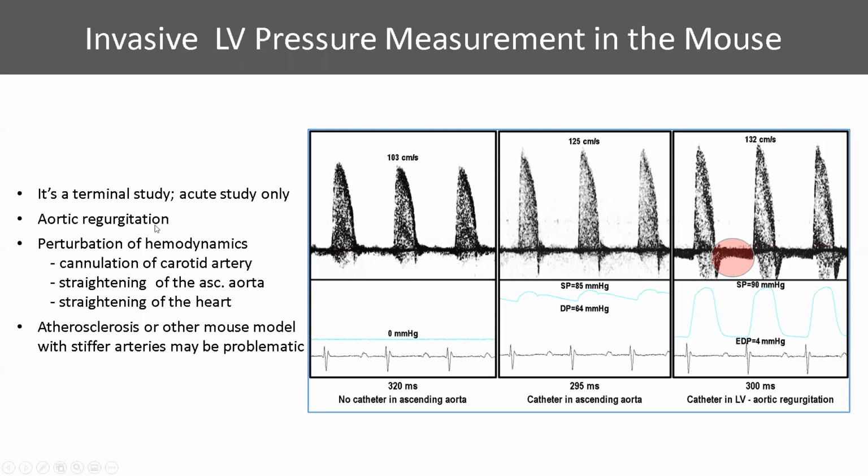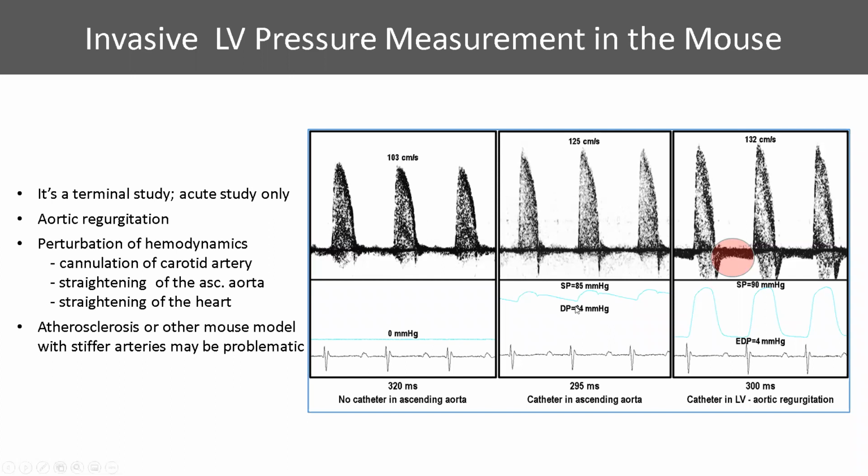But one of the things we have noticed, because when you are doing LV pressure measurements, you rarely measure aortic outflow, is that when there's no catheter, we have a nice 103 centimeters per second in this case, for this particular mouse. Once you put the catheter in the ascending aorta, the velocity goes up, of course, because the catheter is now occupying space in the aortic left ventricular outflow tract.